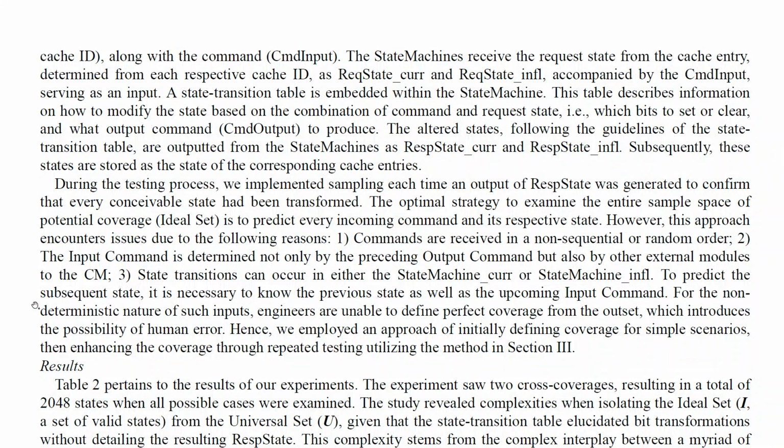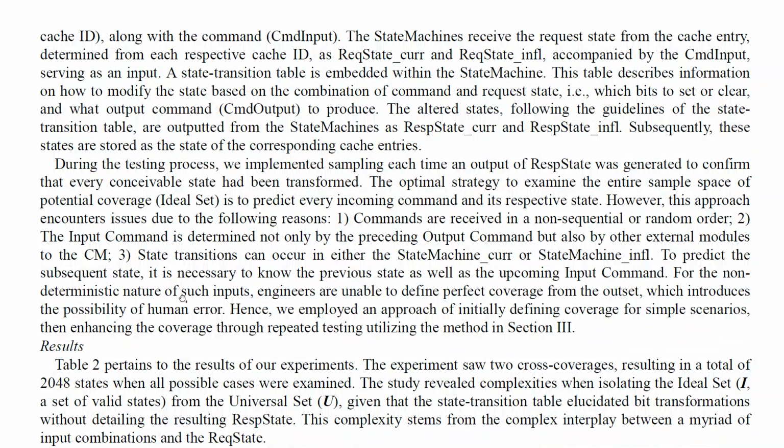To predict the subsequent state, it is necessary to know the previous state as well as the upcoming input command. Due to the non-deterministic nature of such input, engineers are unable to define perfect coverage from the outset, which introduces the possibility of human error.